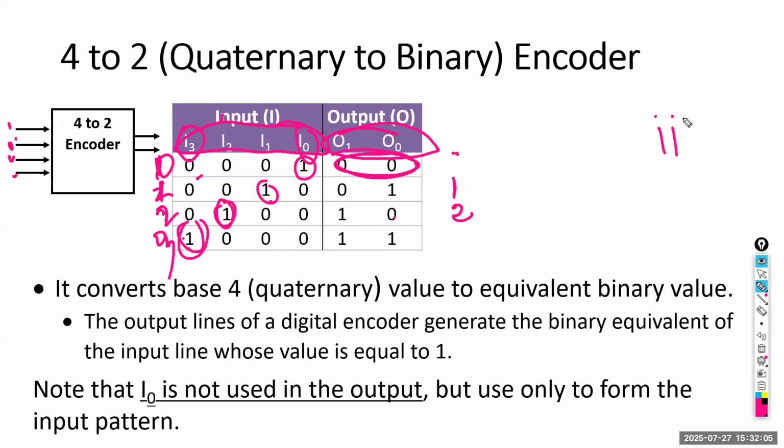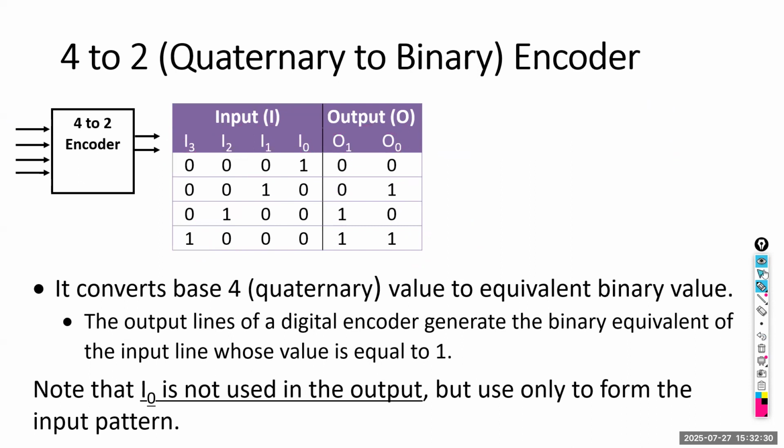These are 1s, these are 2s, 2 plus 1, 3. So when this is 0, this is 0. When this is 1, this is binary 1. This is 2, binary 2. This is 3, binary 3. So if you can build such a digital circuit, we can call it a 4 to 2 or quaternary to binary encoder. Convert your quaternary number into a corresponding binary number.